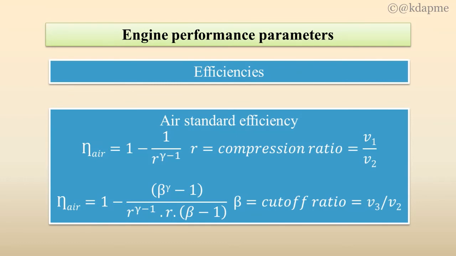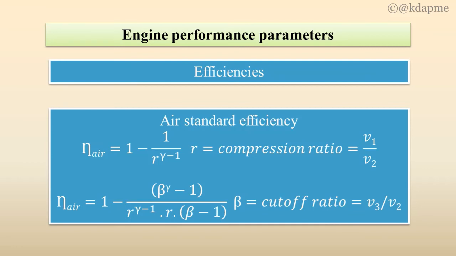The equation of eta air, the efficiency of air standard, is equivalent to 1 minus 1 upon r raised to gamma minus 1, where gamma is the adiabatic index and r is the compression ratio, which is normally given by V1 upon V2.